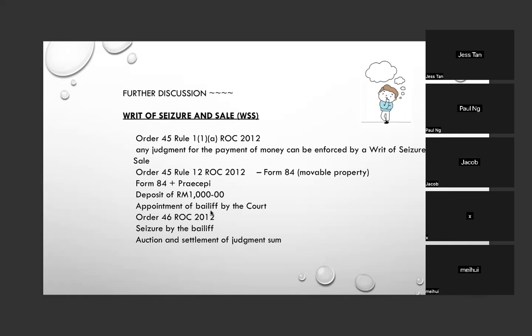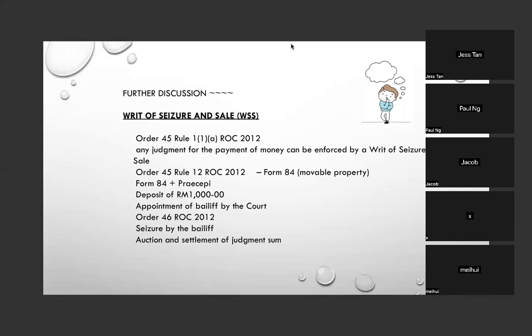Okay, once the items are being seized, the bailiff will actually list down all the items. Okay, and what the plaintiff needs to do is that usually you need a security guard. Okay, you will need a third-party company or security company. Okay, you need a security guard to actually safeguard all the property that was being seized.